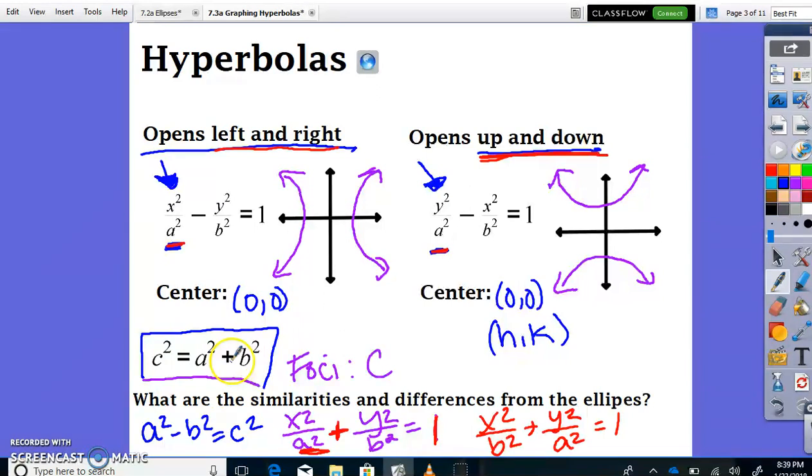This one's a minus for the ellipse, and a plus for the hyperbola. I remember it because they're like opposites of the equation. The hyperbola equation is a minus, and the ellipse's foci equation is a plus. The ellipse equation is a plus, and the foci equation is a minus. So they kind of go opposite of each other there. It's just a helpful way to remember it.